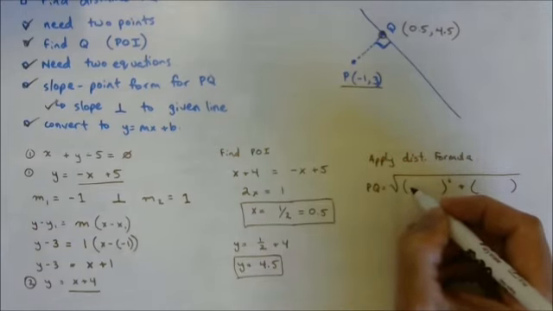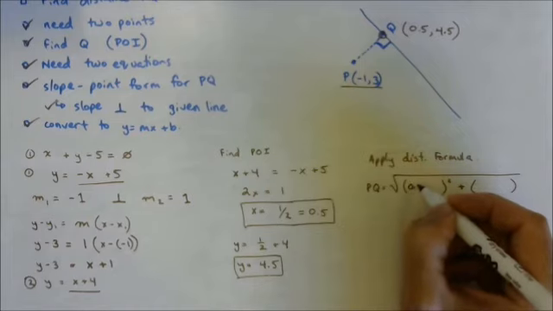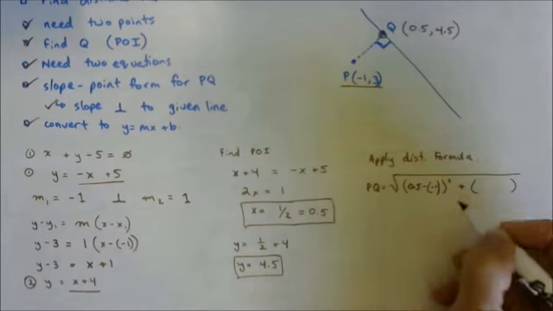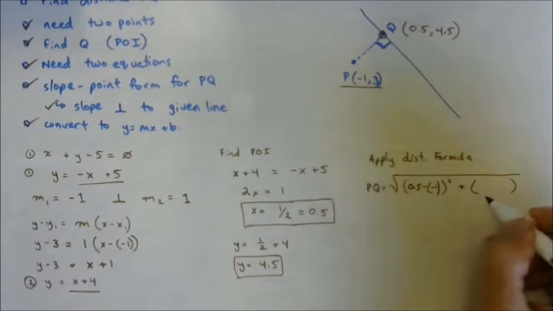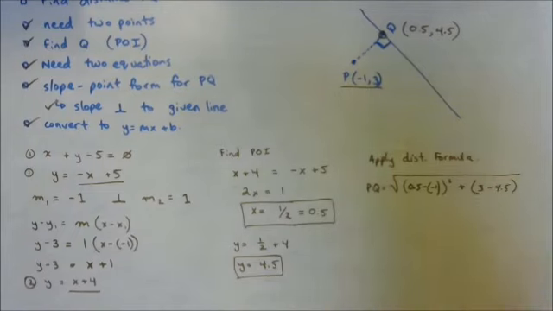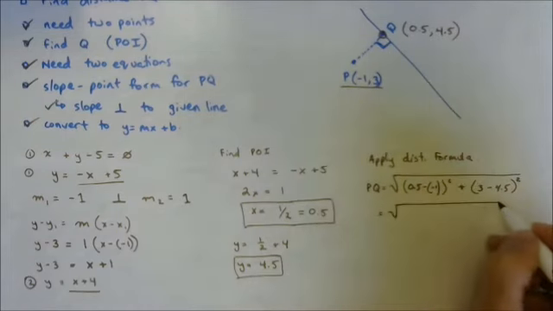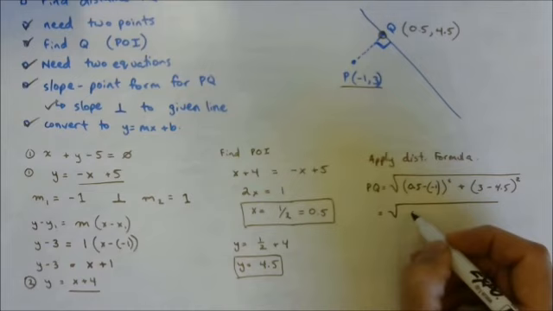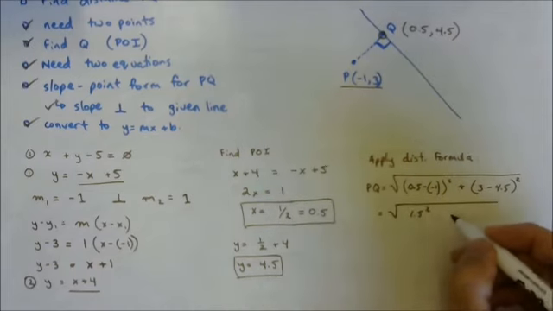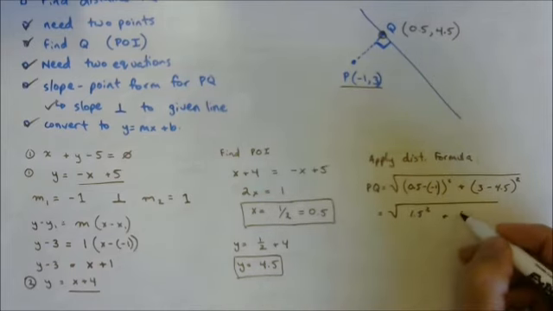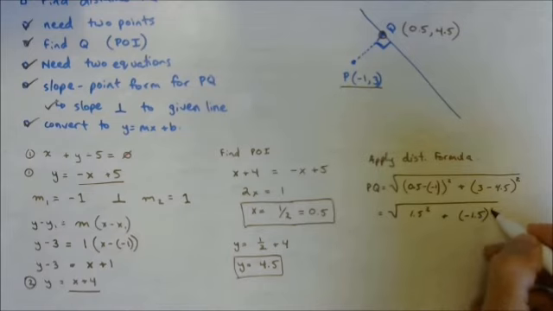We can go from P to Q, so I'll go 0.5 minus -1 in the first bracket. And in the second bracket, we've got 3 minus 4.5. That means in the first bracket, we have 1.5 squared. In the second bracket, we have negative 1.5 squared.